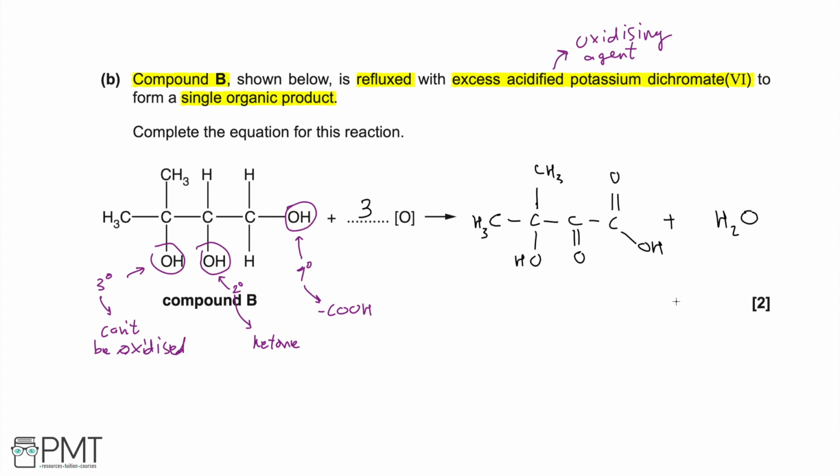And now we've done 2 steps of oxidation from alcohol to carbonyl, which are the ones that produce water. So we need 2 molecules of water, and now this is all balanced. So the 2 marks available here, the first one is for the correct organic product, and the second mark is for the fully balanced equation.